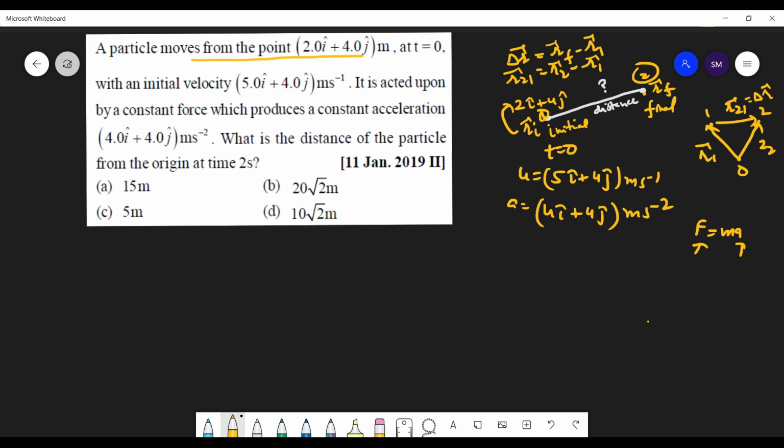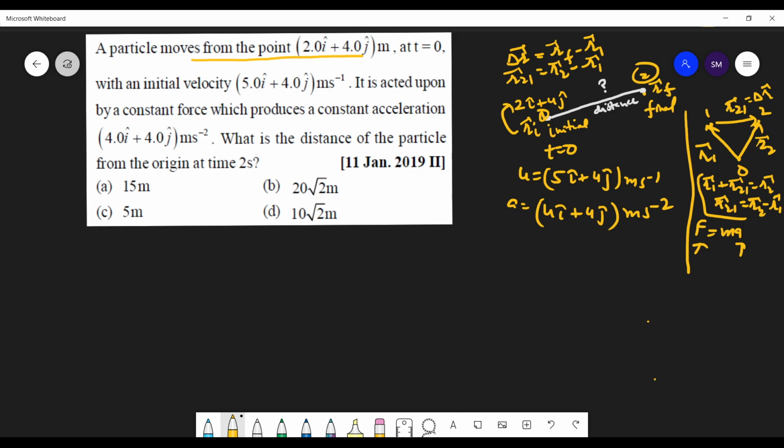So R1 plus R21 is equals to R2. So R21 is equals to R2 minus R1. Right? We have done it. So students, you can solve this question now.